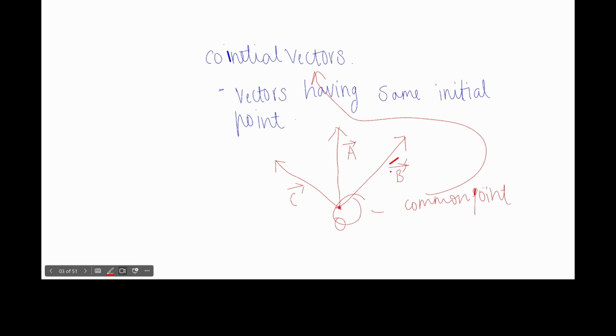So moving on to the next type of vectors called collinear vectors. The previous one was co-initial, this is collinear. So when I say collinear vectors, we can say these vectors are lying in the same line.